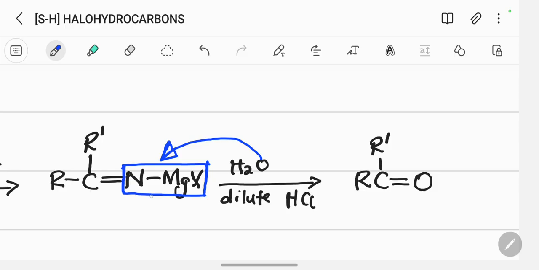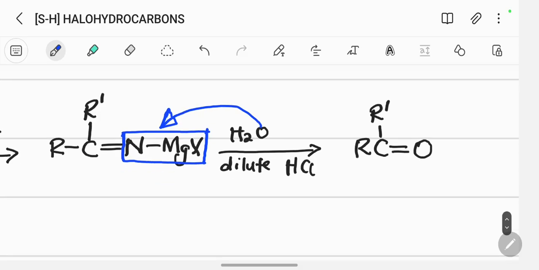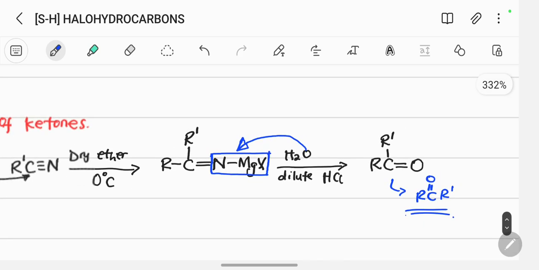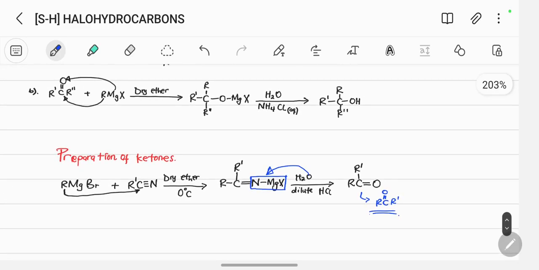That oxygen is going to replace the nitrogen and magnesium and the halide or the halogen, such that we form a ketone. So if I'm to arrange this, it's going to look like this, and that one is a general formula for ketones.